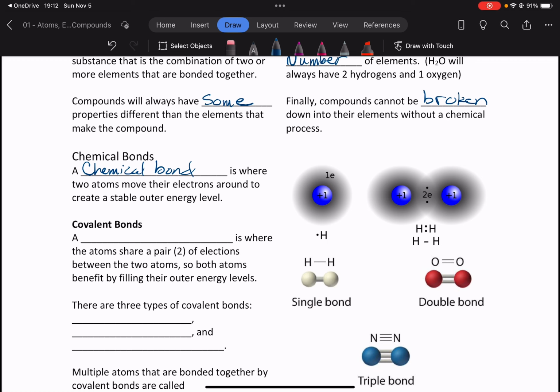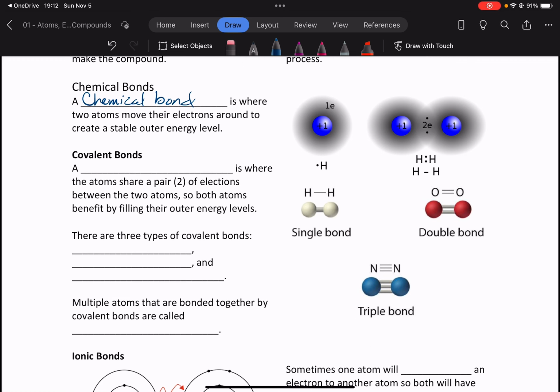A covalent bond, in this case, is where the atoms share a pair or two electrons between two atoms.